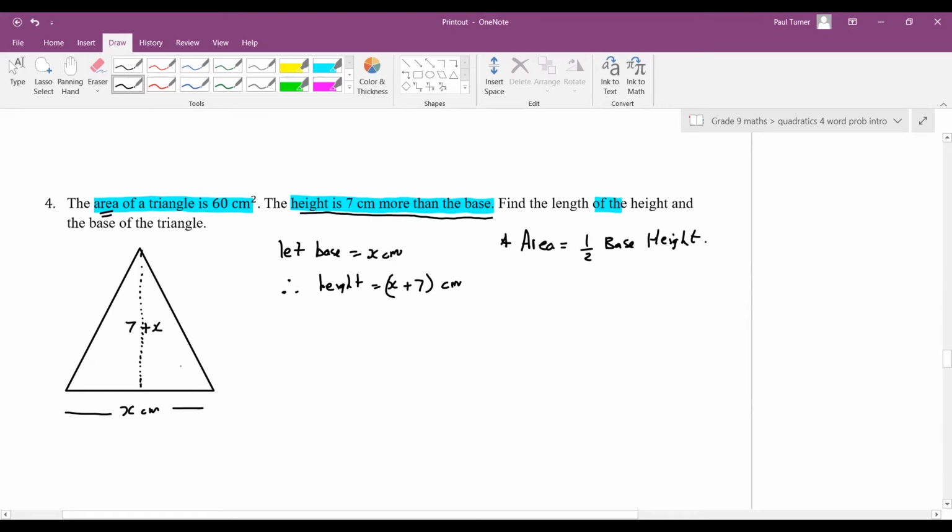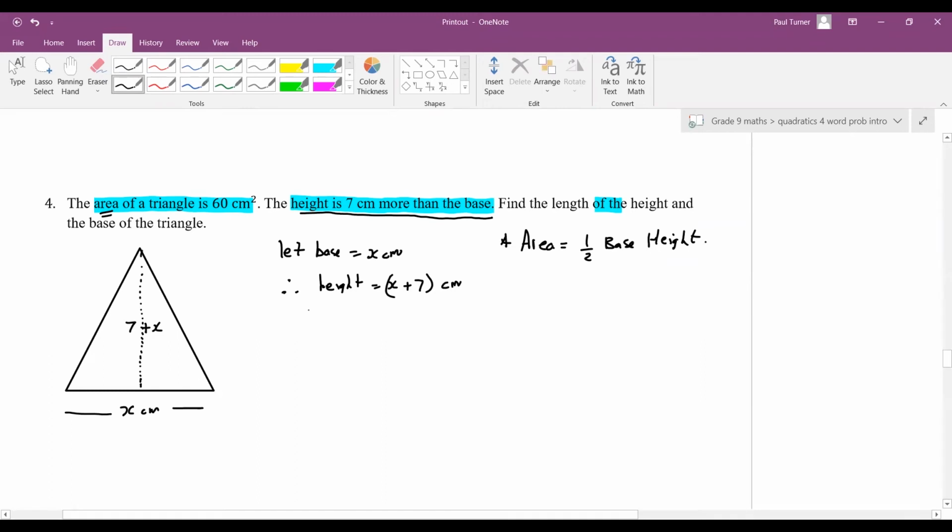Now, if you did this differently and you called this the height x, then this would have to be x minus 7. But when you calculate, you'll get the same answer. Okay, so this is still 7 more than that. Either way will work, so it'll be up to you. But this is the way I chose. So I didn't have any negative numbers in my expressions.